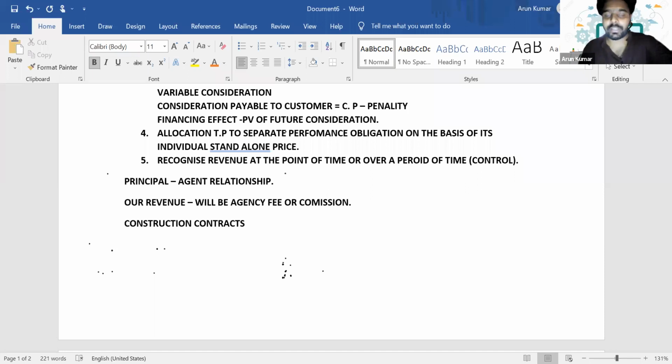So after each and every stage, if you have the right to receive payment for the work you have done till date, then we'll recognize the revenue over a period of time rather than at a point in time.